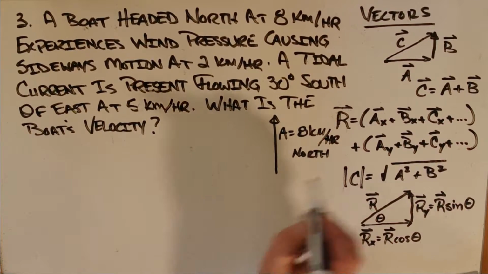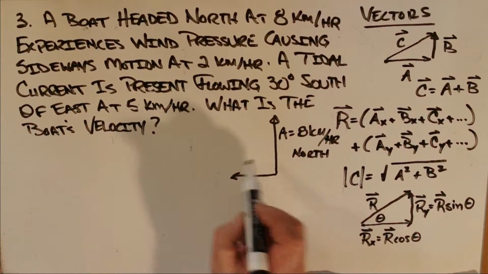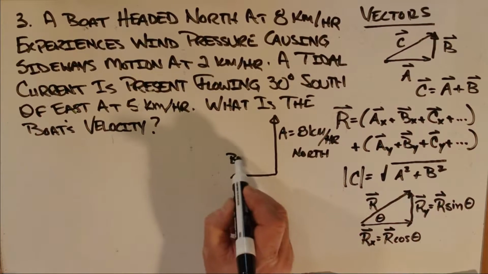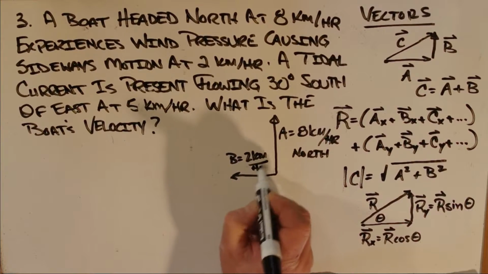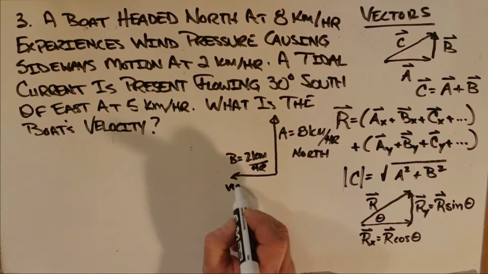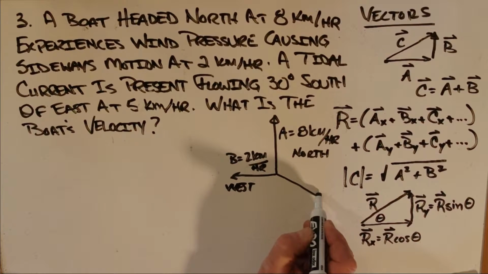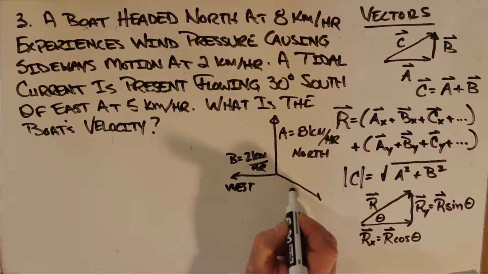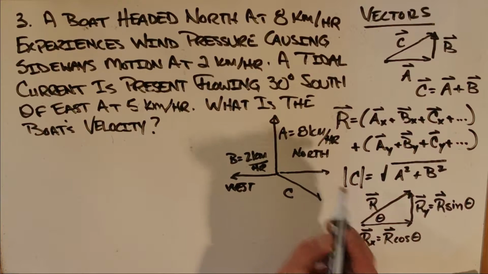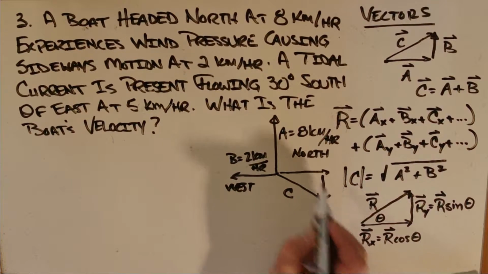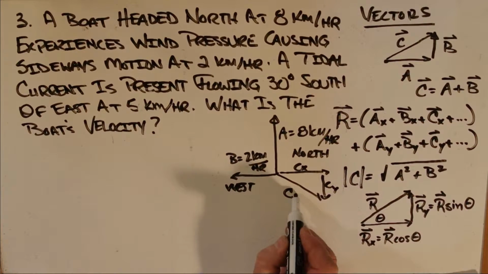We'll use north as a positive direction, so A will be 8 kilometers per hour north. We'll use westward as a negative direction, so that should be negative 2 kilometers per hour west. And then we have the other vector, which represents 5 kilometers per hour 30 degrees south of east. We'll break that down into components as we do.